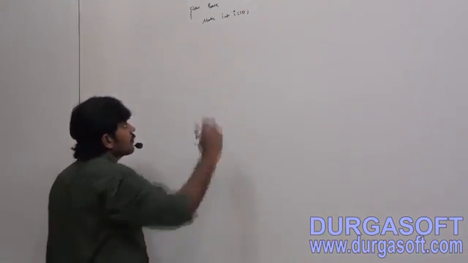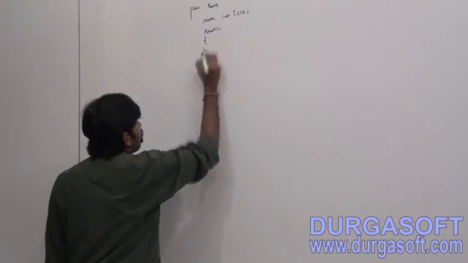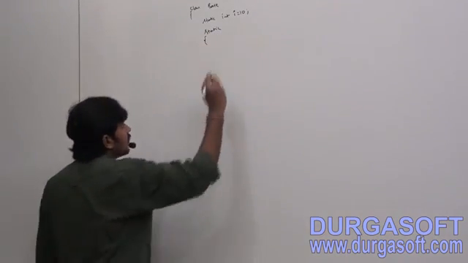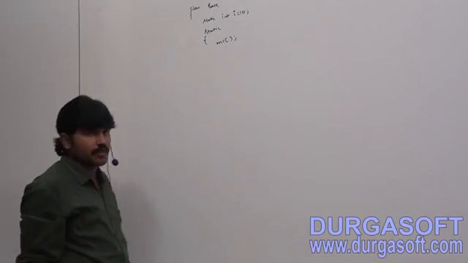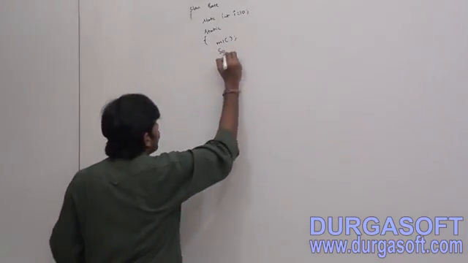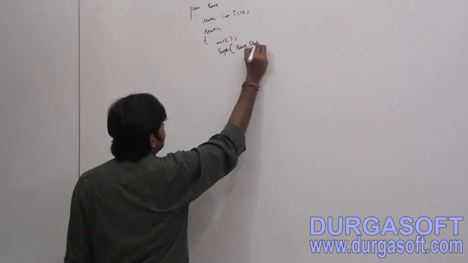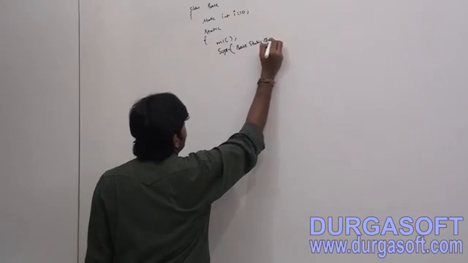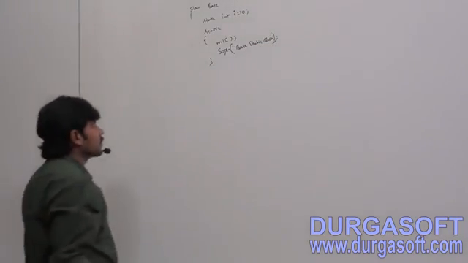Then a static block I am taking. Within the static block, I am calling the m1 method, same code only. System.out.println of "base static block", like this I am taking for the base class static block.